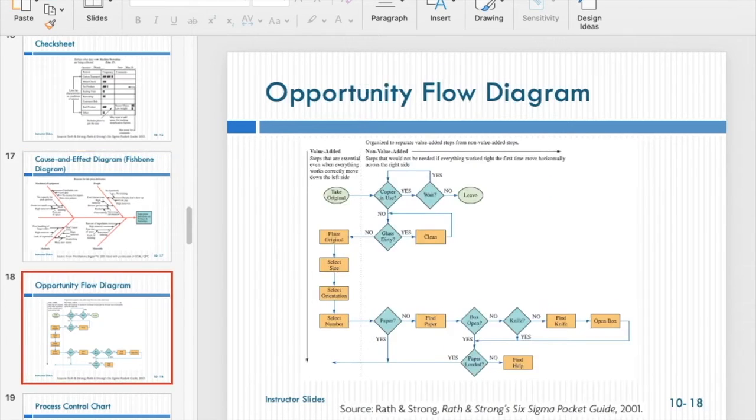The next one is the operation flow diagram. Basically, the purpose of using the operation flow diagram is to provide you the whole procedure of the production process. We can view this as the detailed procedure of producing this product.